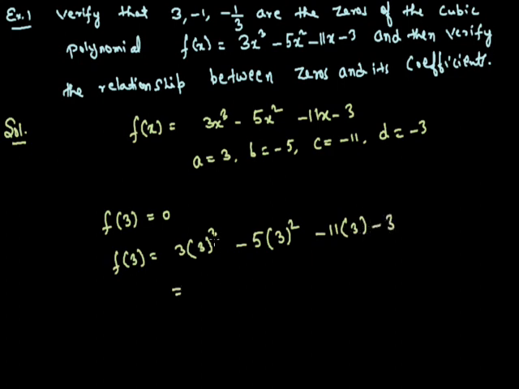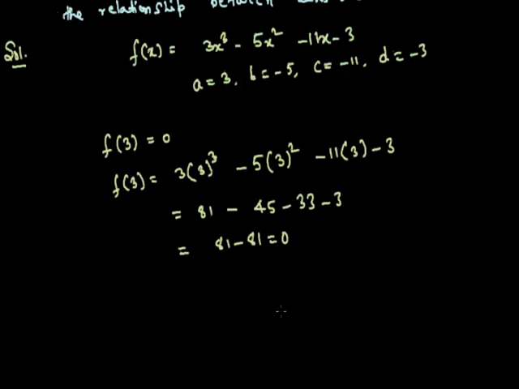So this will be equal to 3 times 27, which is 81, minus 45 minus 33 minus 3, and this is equal to 81 minus 81 equal to 0. So f(3) is equal to 0. Therefore 3 is a zero of f(x). Now f(minus 1).